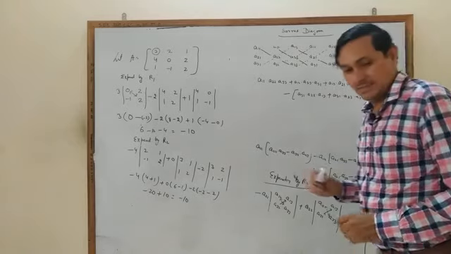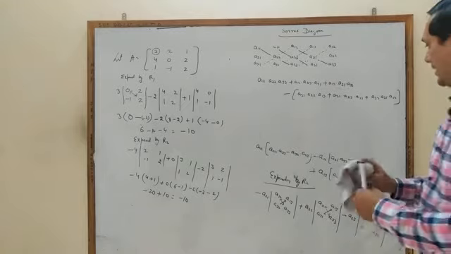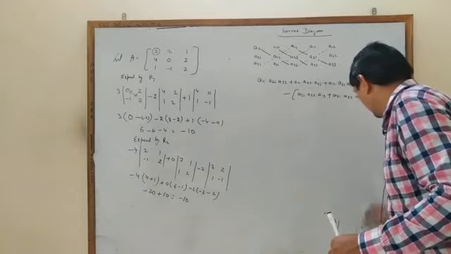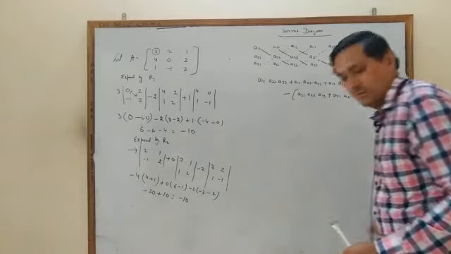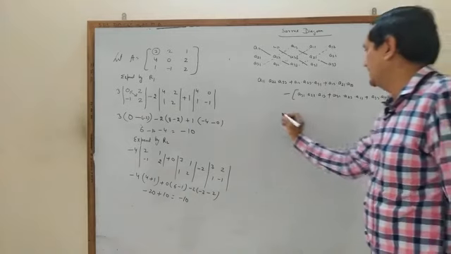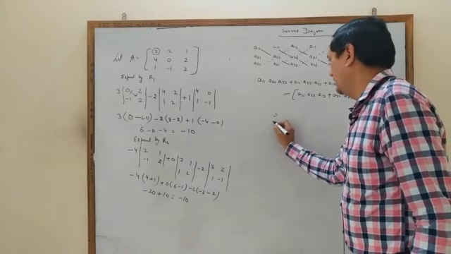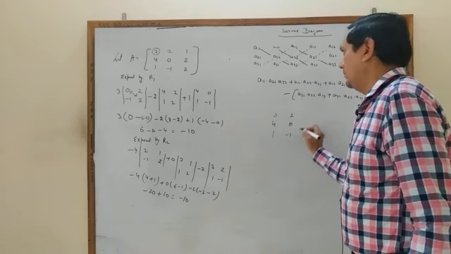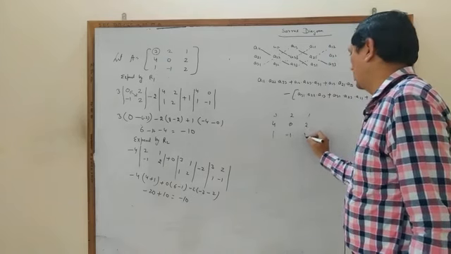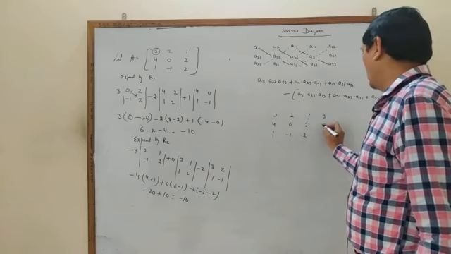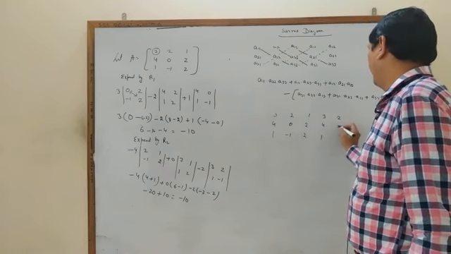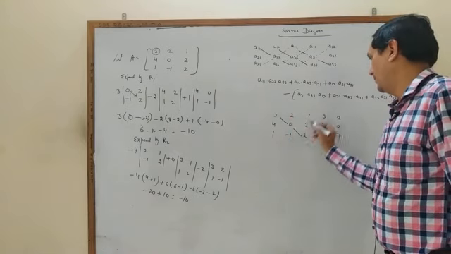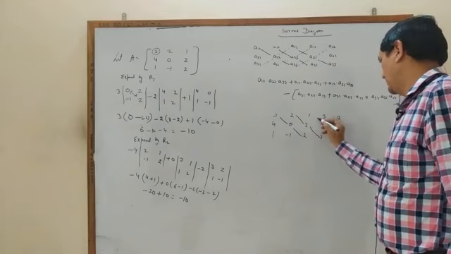Let us take an example. We take the same matrix as we have taken before, so as to check the result: 3, 4, 1; 2, 0, minus 1; 1, 2, 2. Two columns are to be repeated. Yes, just like that.